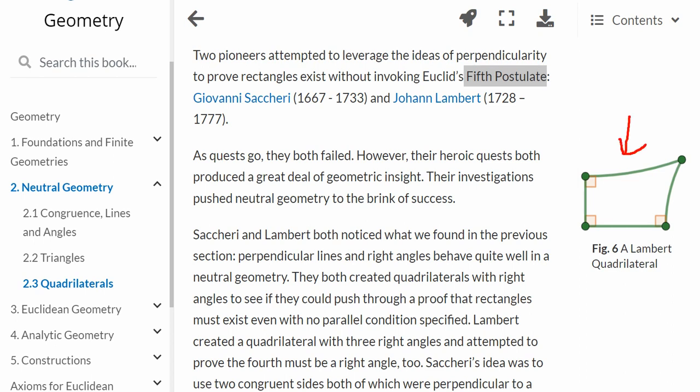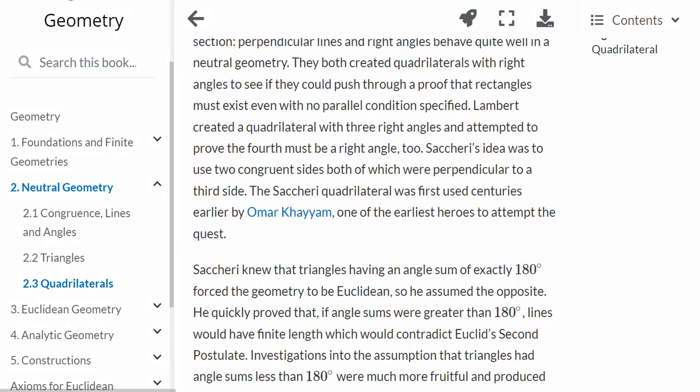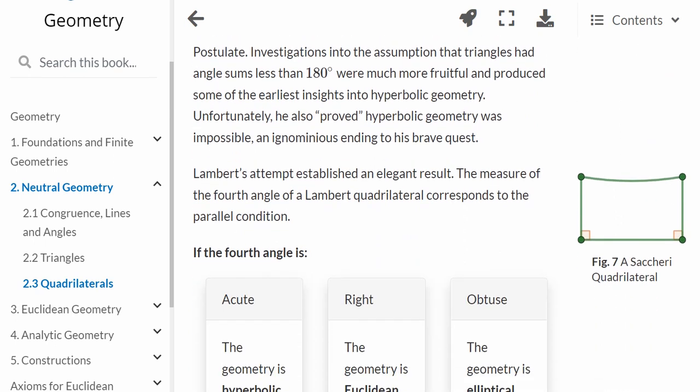There's Lambert and then Saccheri. Sorry, having trouble scrolling. Okay, and then we have Saccheri. Right, so with these quadrilaterals, the guys were doing everything they could to create a rectangle. But rectangles simply do not exist until we have a Euclidean geometry. So therefore, we need Euclid's 5th postulate.